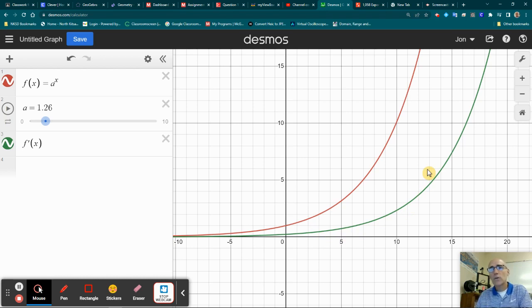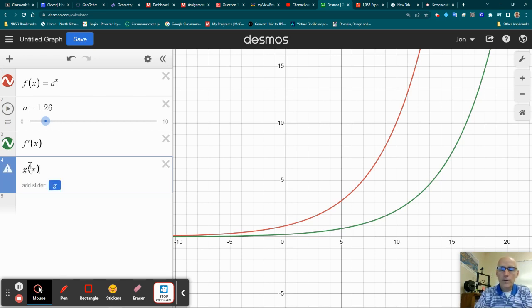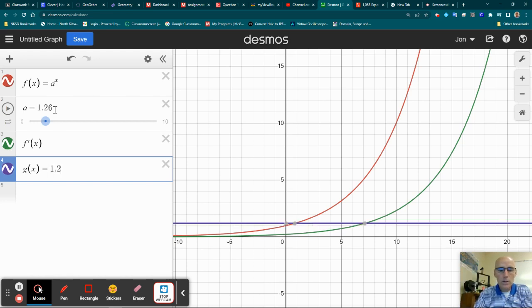So our task is to write down the algebraic equation for the derivative. Well, I would guess it's an exponential function. What is the base of that exponential function? There's nothing wrong with using the base that I have right there. I just stopped at 1.26 because we can see it's definitely an exponential function. So let me put 1.26 to the x power.